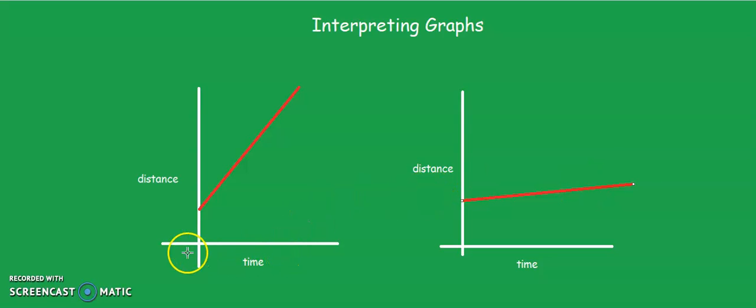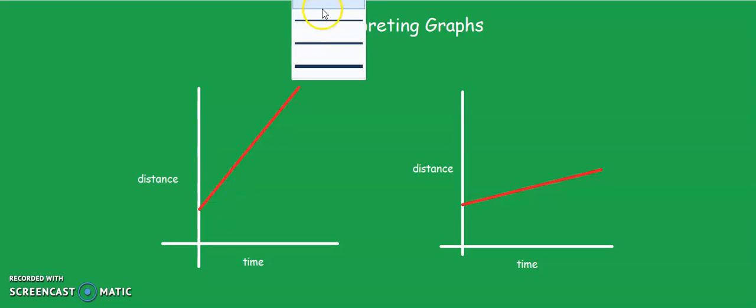So what does that tell us about the distance? Which one of these is going faster? Which one is moving through a greater distance in a given amount of time? So let's look. In this graph, let's compare two different times.